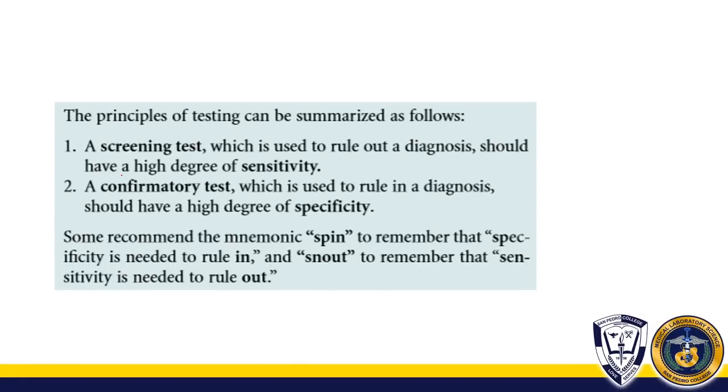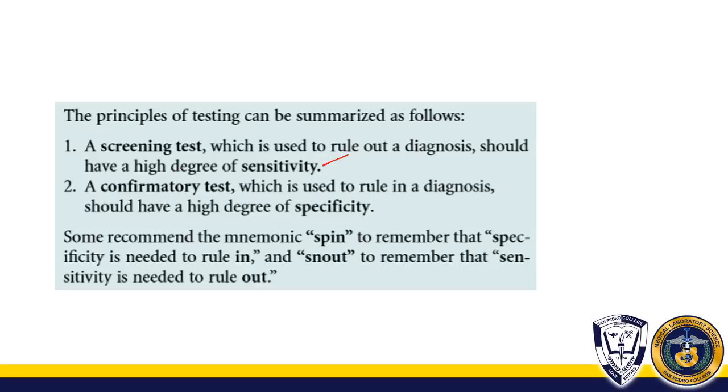So the principles of testing can be summarized as follows. If you are looking for a good screening test, it should really have a high degree of sensitivity. That is why we screen: we want to see if the disease is present in your patient. After screening, we proceed to confirmatory testing.